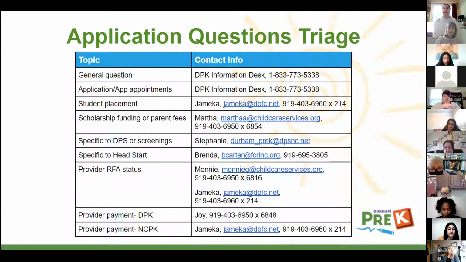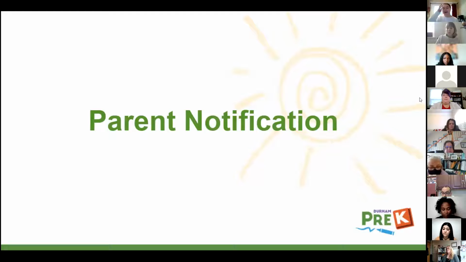Once placement begins, this is when they would be getting down into these student placement, scholarship funds, any sort of things that families need, as well as you all as community partners and providers. This is just who you should contact with any questions you might have regarding different parts of Durham Pre-K. And again, all of this information will be shared after this presentation.